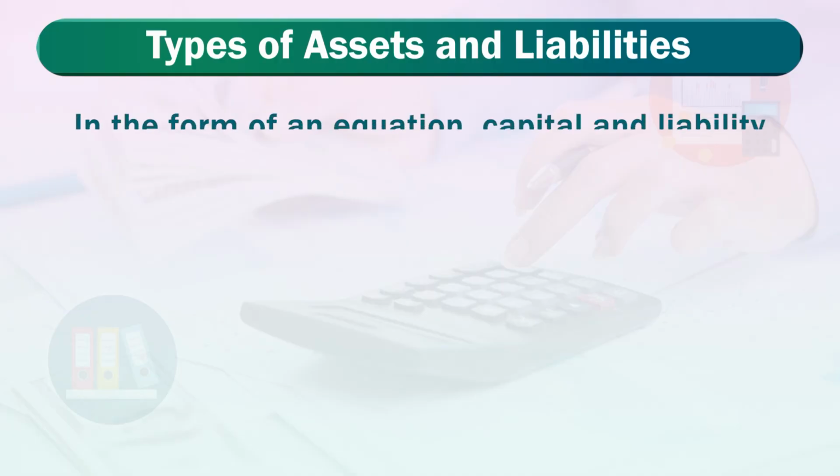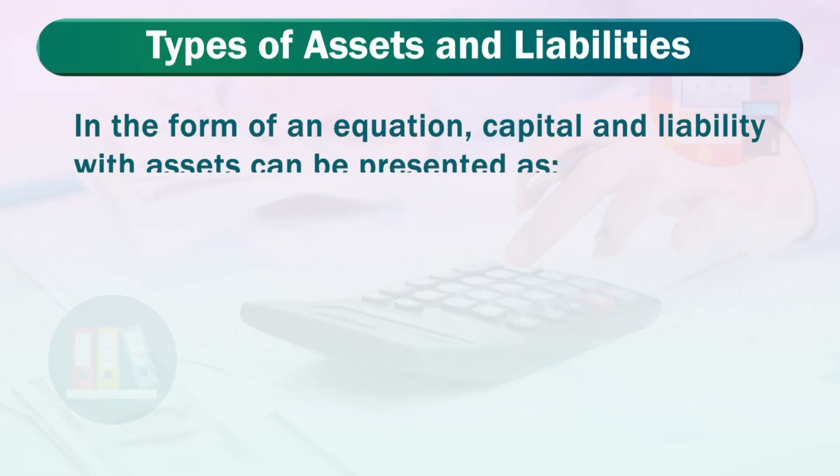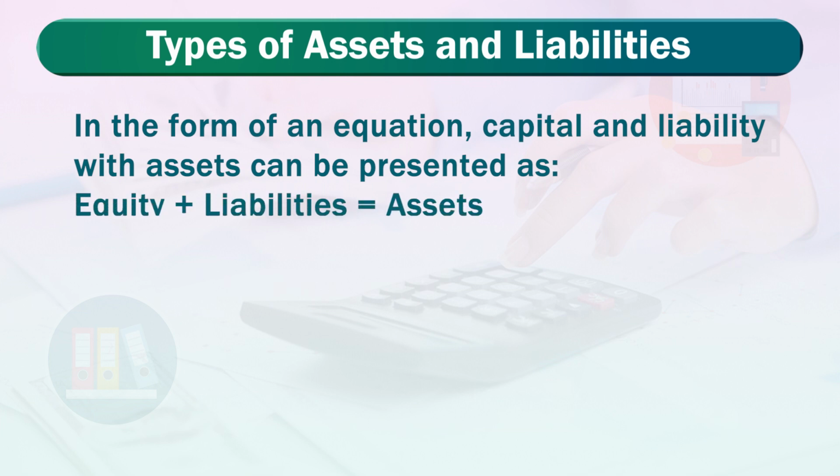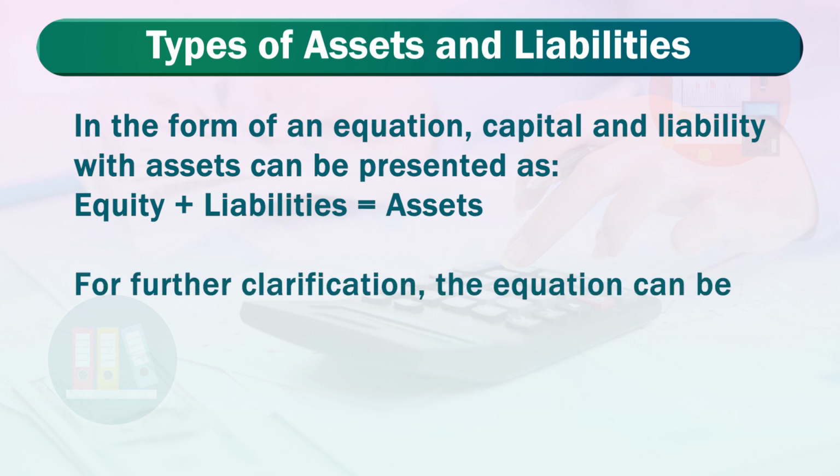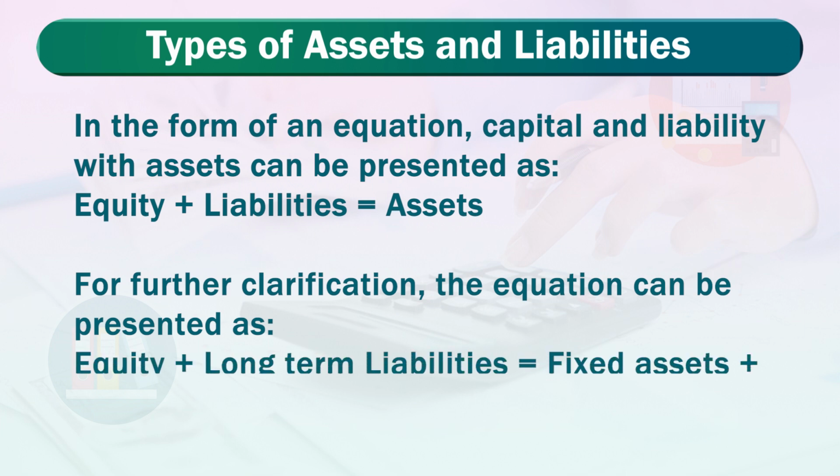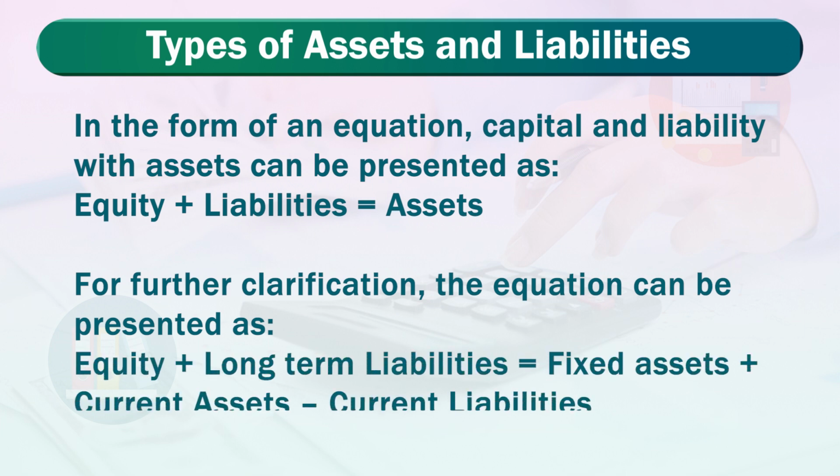In the form of an equation, capital and liability with assets can be represented as equity plus liability equals assets. For further clarification, the equation can be presented as equity plus long term liabilities equals fixed assets plus current assets minus current liabilities.